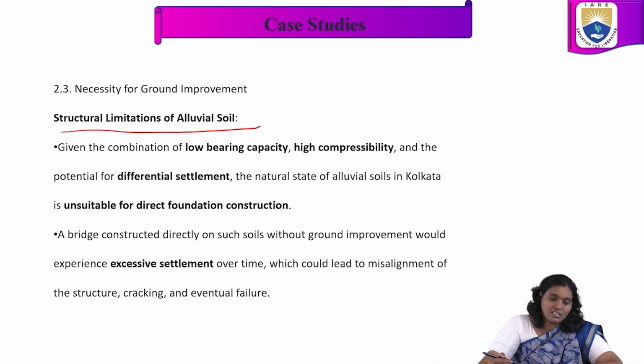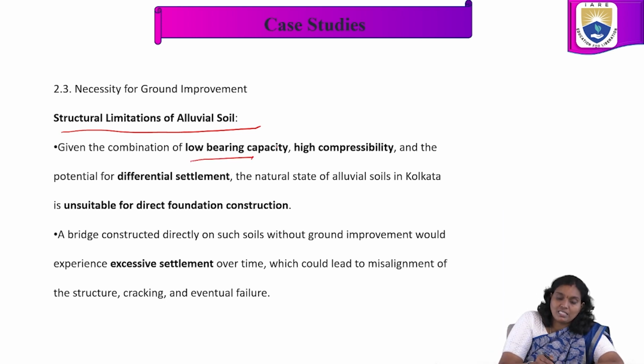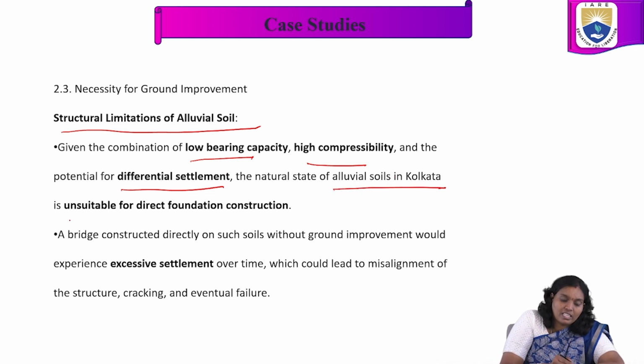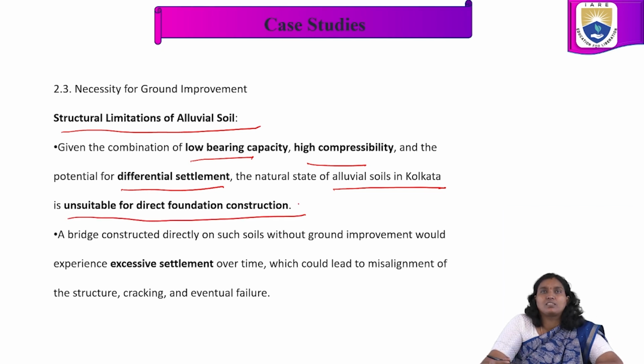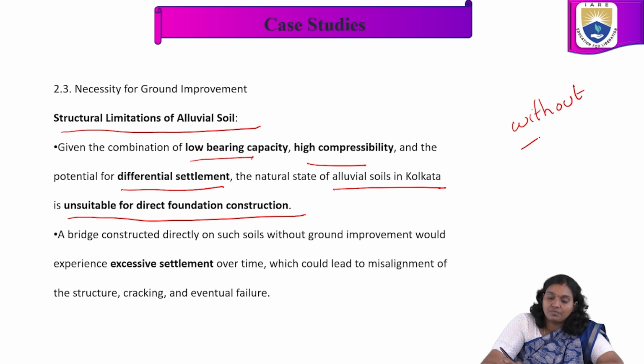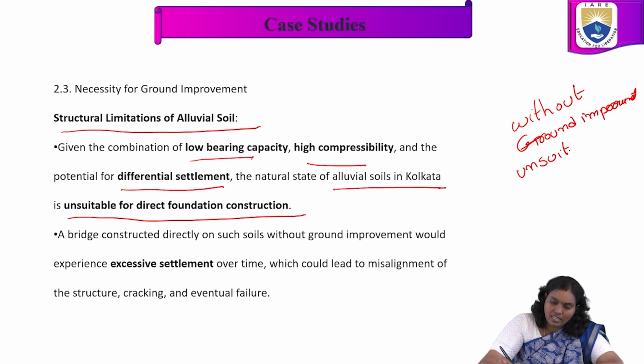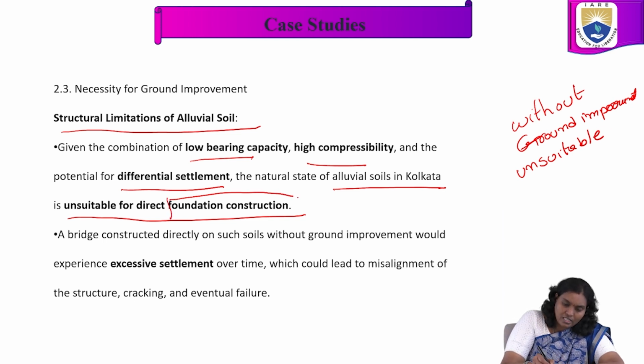Because of this combination of low bearing capacity, high compressibility, and potential differential settlement, the natural state of the alluvial soils in Kolkata is unsuitable for direct foundation construction without ground improvement techniques.